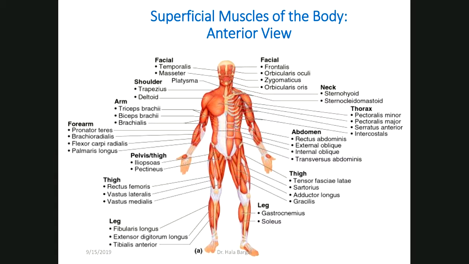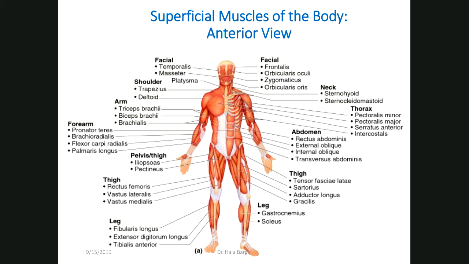Then we have triceps brachii, the muscle of three heads, three origins. Biceps brachii, the muscle of two heads. Brachialis means that this muscle originates and inserts in the brachium, in the arm.